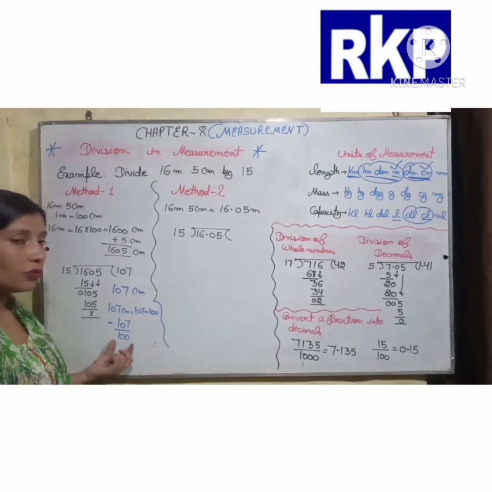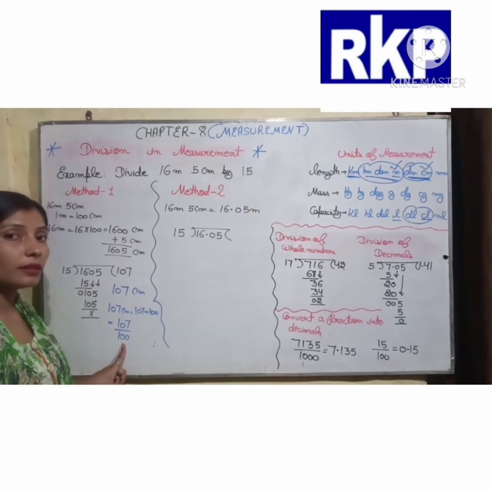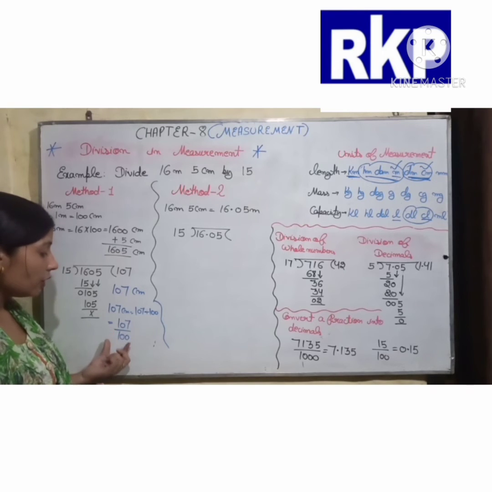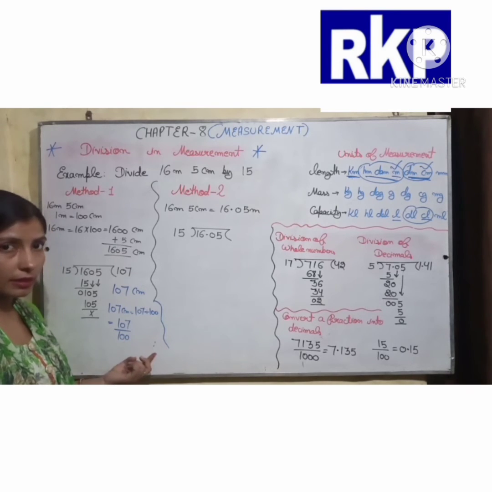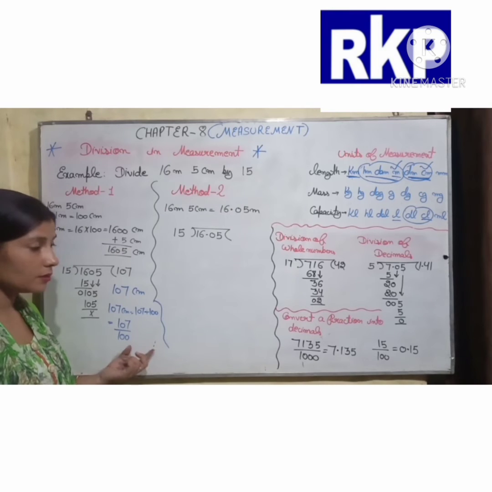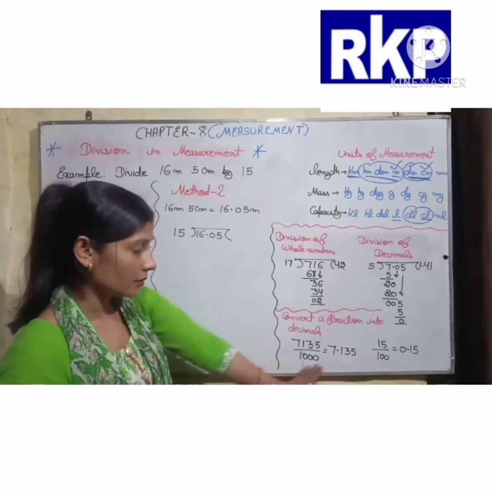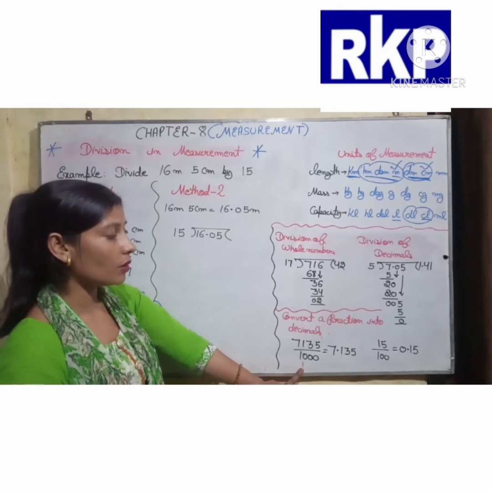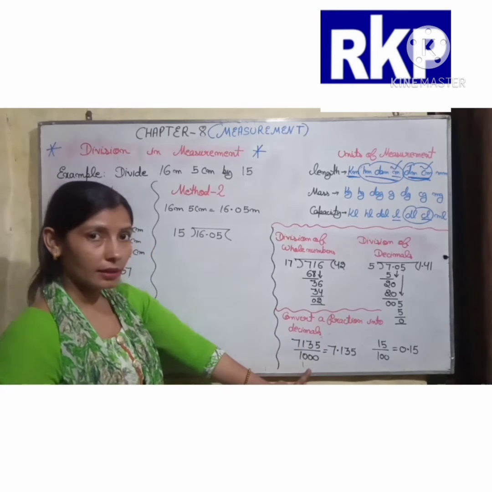Now beta, we have a fraction with denominator 100. So we can convert it into decimal very easily without doing long division. We have already discussed that, how can we convert a fraction into decimals.